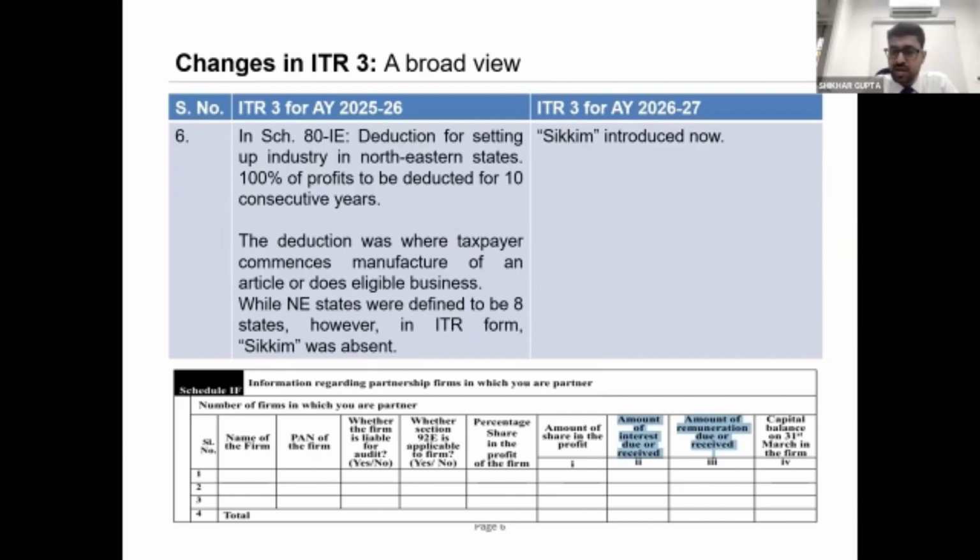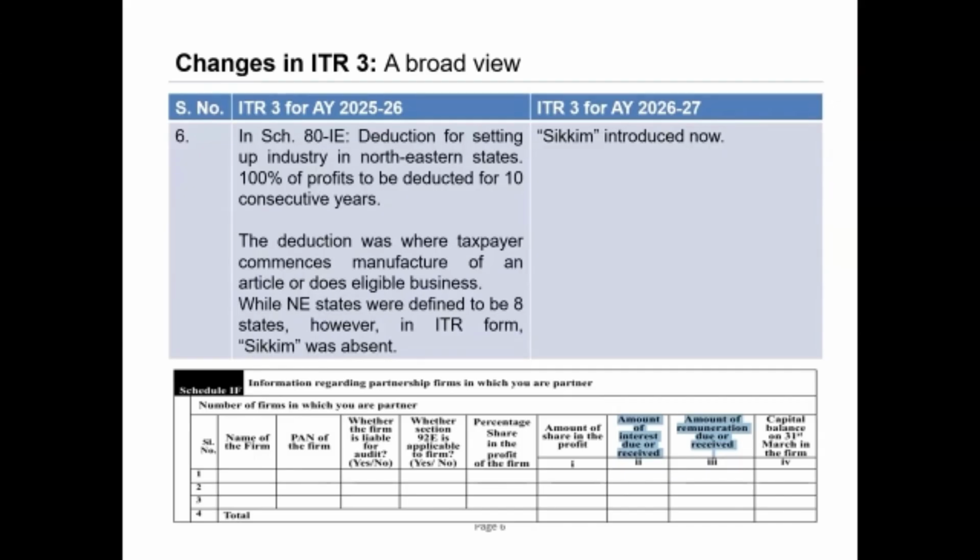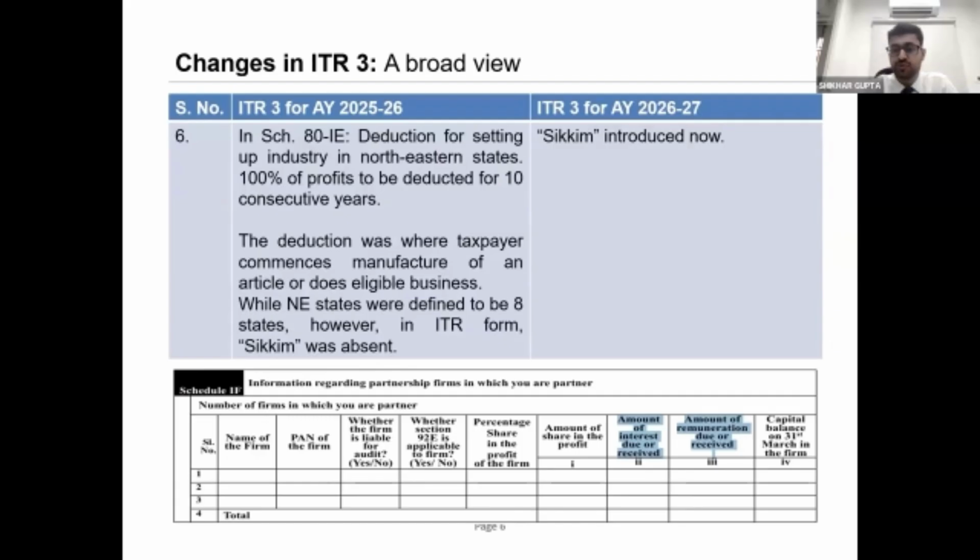So if you are a partner in a partnership firm, then you have to report the amount of interest you have received, amount of remuneration you have received, because both of these two things are taxable in your hands. Share and profit तो 10(2)A में we have already known कि वो exempt होता है, but interest and remuneration are taxable in our hands, जो आप भले आप अपने ITR में रिपोर्ट करोगे अंडर सैलरीज हेड, बट यहाँ पे उसकी इंफॉर्मेशन देनी भी उन्होंने कंपलसरी कर दी है. So you report these two things also.